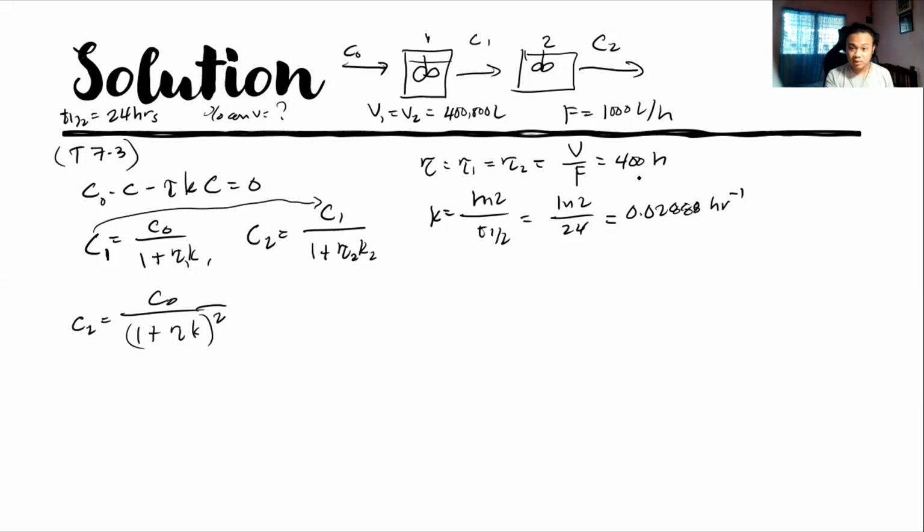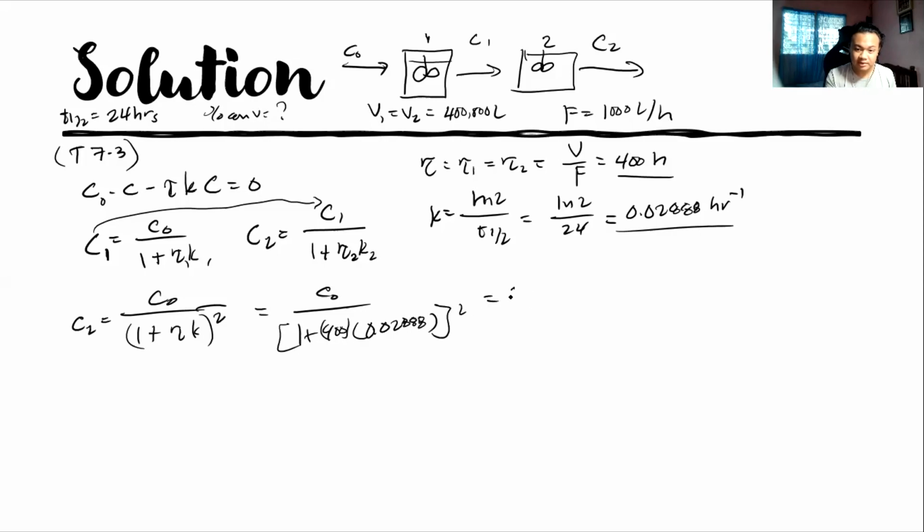Now we know these values. So C2 equals CO over 1 plus 400 times 0.0288, and don't forget to square that.